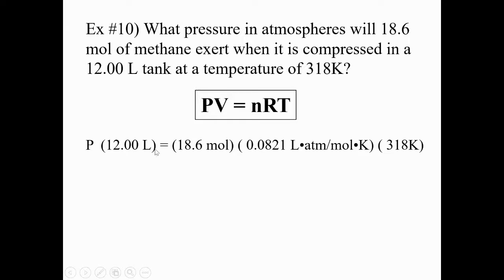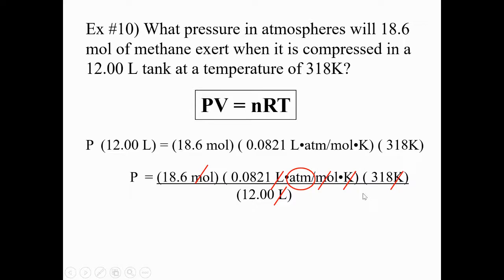So P times 12 liters equals N, 18.6 moles, times the R value times temperature. You must, in your work, rearrange the equation to show me what P equals, what exactly you are putting into your calculator. 18.6 times 0.0821 times 318 divided by 12.